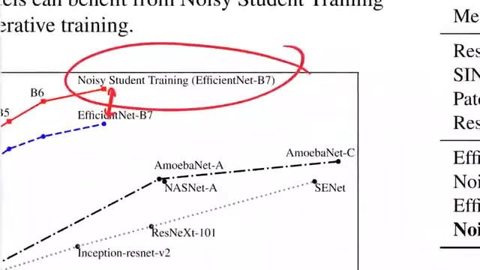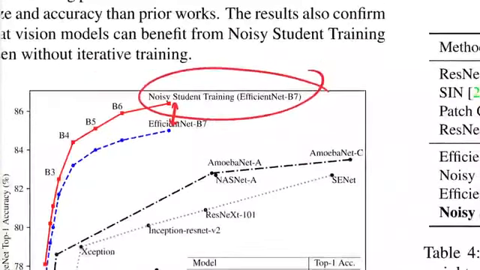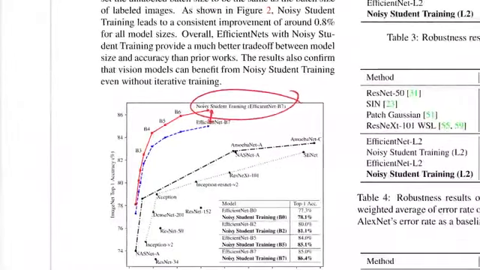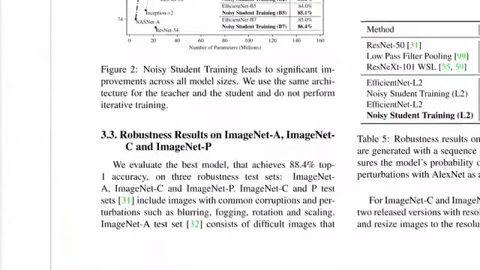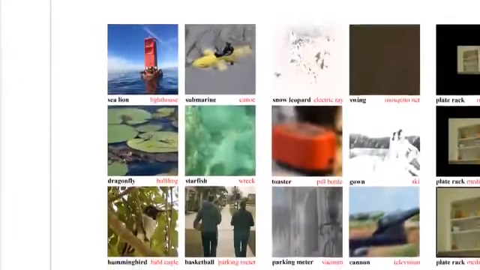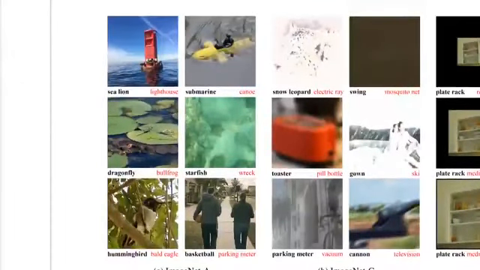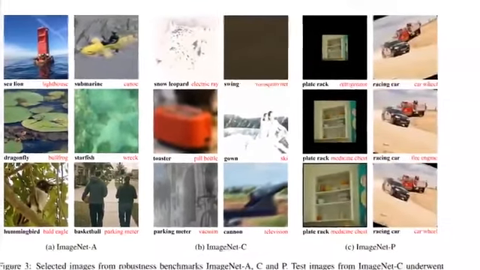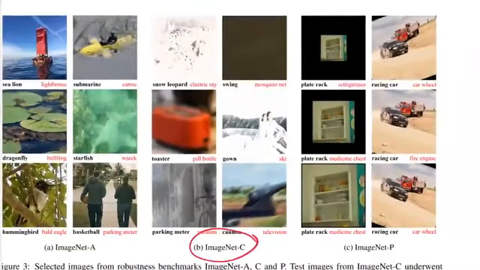So this really seems to help, due to the noise, due to the additional data. They do a lot of ablation studies, so that's pretty interesting. And they also do these studies on special ImageNet datasets, for example ImageNet-C, where you can see that there are quite a bit of distortions right here.